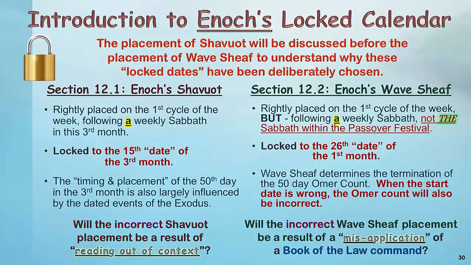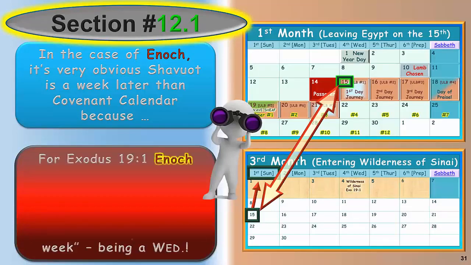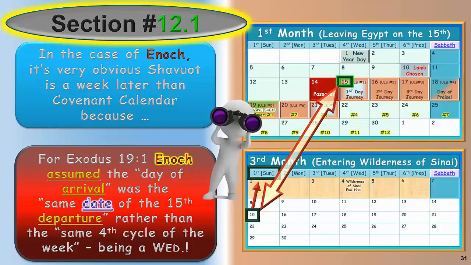Section 12.1. In the case of Enoch, it's very obvious Shavuot is a week later than covenant calendar because for Exodus 19:1, Enoch assumed the day of arrival was the same date of the 15th departure rather than the same fourth cycle of the week being a Wednesday.